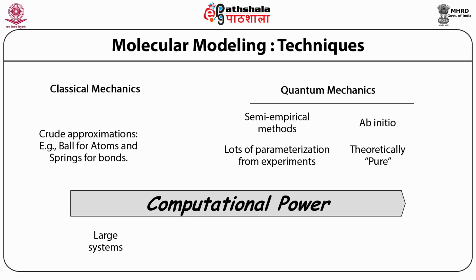You can use the semi-empirical methods for moderately large systems, say about 100 or even 200, 300 atoms. But the ab initio methods, which are extremely theoretically pure and do not make any assumptions, require huge computational power. And so only very small systems with few atoms, maybe in tens, not even hundreds, can be studied using ab initio methods.